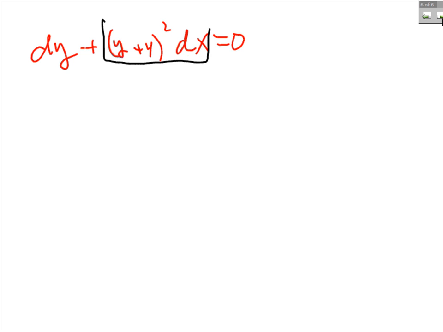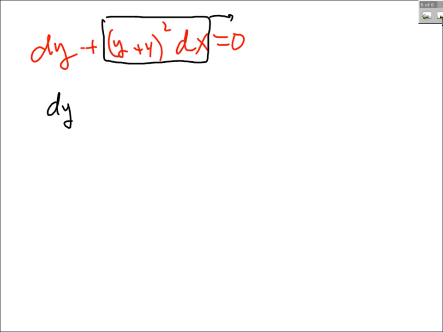Try some more. That's how you learn. Just keep doing these. dy plus y plus 4 squared dx is equal to the number 0. First thing I'll do is I'll bring this to the other side.